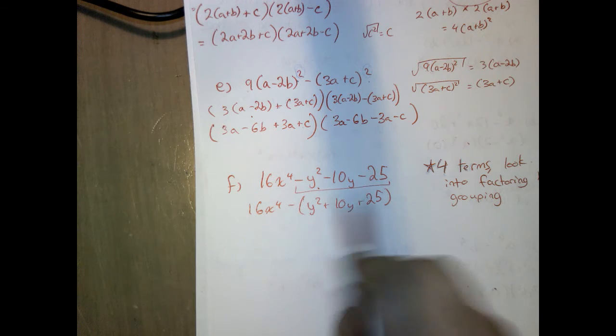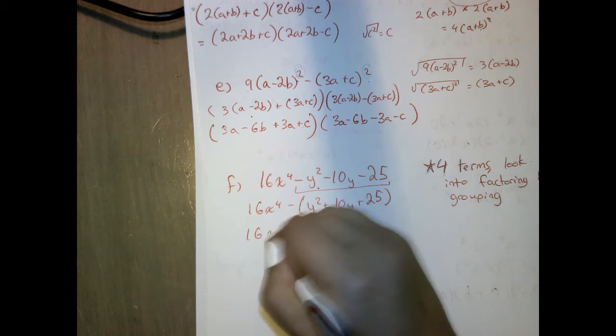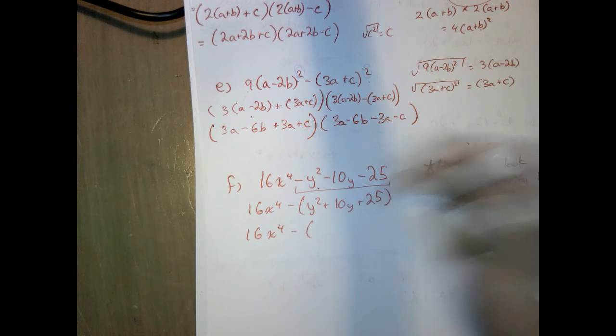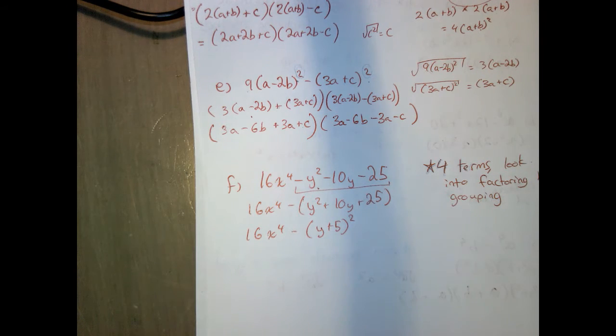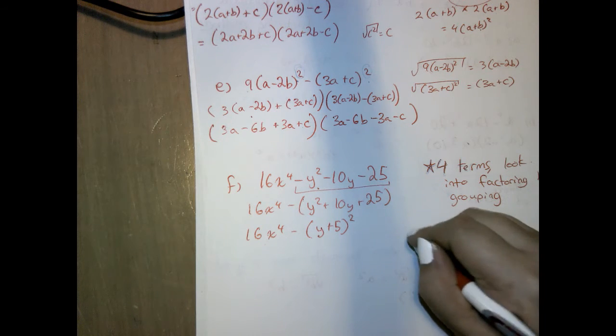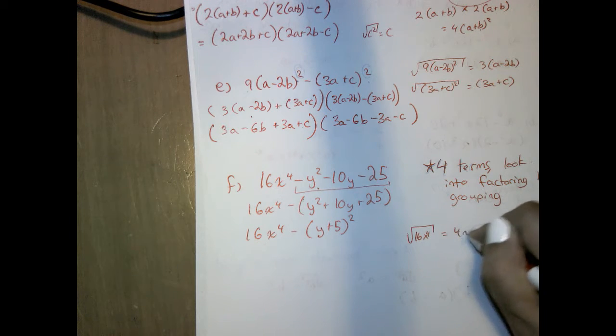So since I have this perfect square here, I can actually rewrite it as a square. So I have y plus 5 squared. And now I have a difference of squares, right? So I have the square root of 16x to the 4, which is 4x squared.